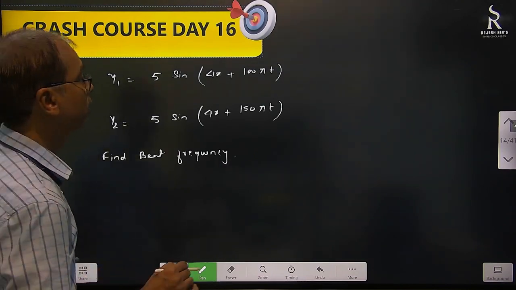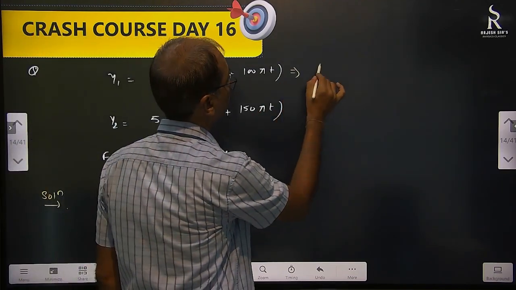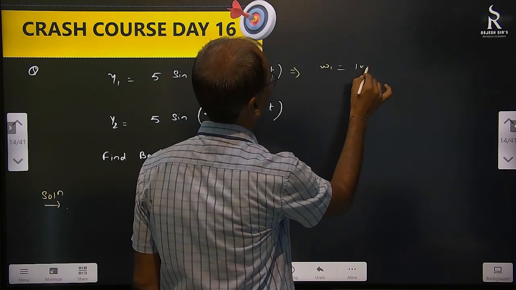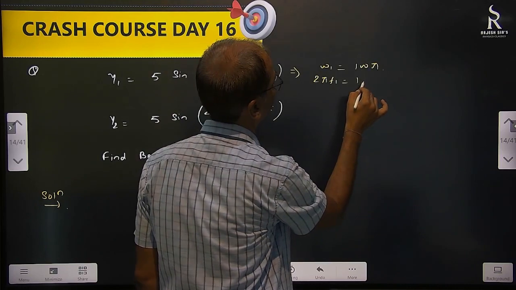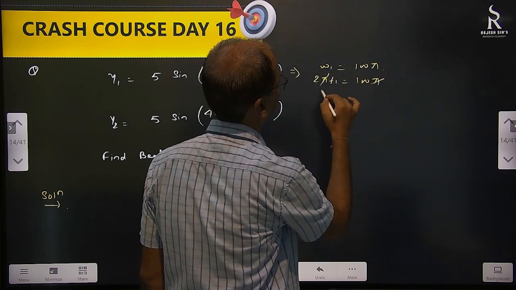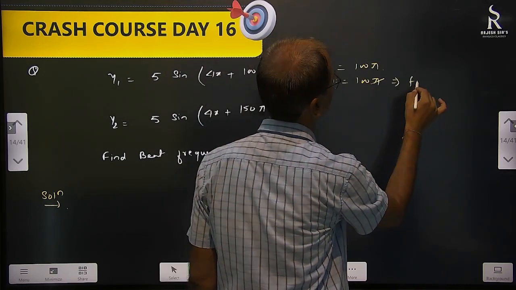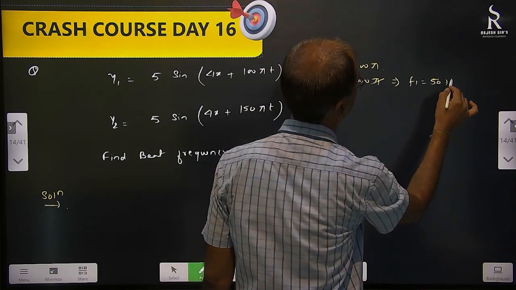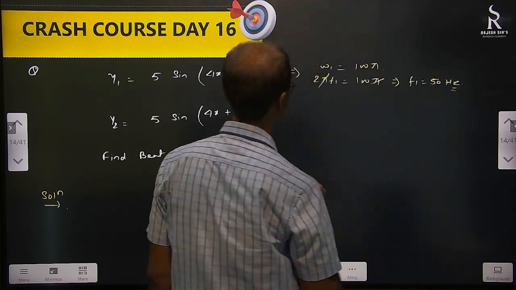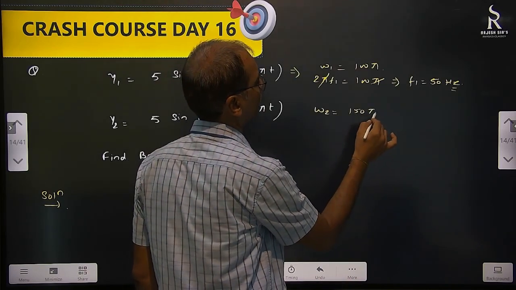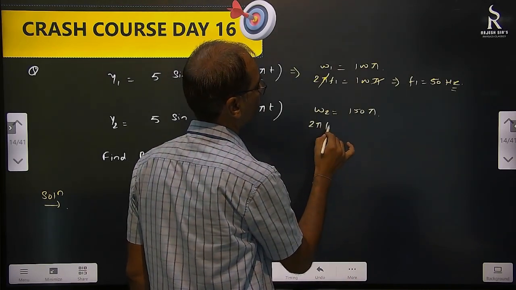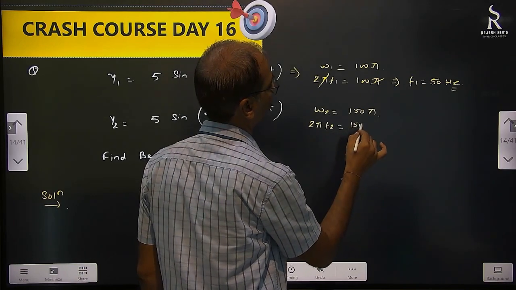So what is its answer? First of all, let's find the frequency here. Omega 1 is 100 pi, that is 2 pi f1 equal to 100 pi. Pi gets cancelled, f1 is 50. Here omega 2 is 150 pi, so 2 pi f2 equal to 150 pi.